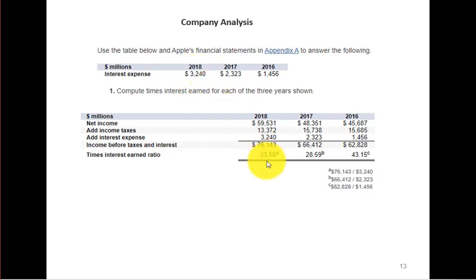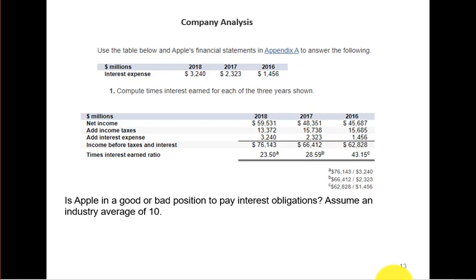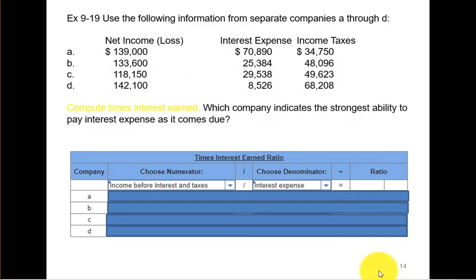If you take this 76,143 and divide it by 3240, which is the interest expense, you come up with the times interest earned ratio of 23.5. Same thing with 17, same thing with 16. So is Apple in a good or bad position to pay interest obligations, assuming the industry average is 10? Well, they're doing more than twice as good as the average. So that's good.